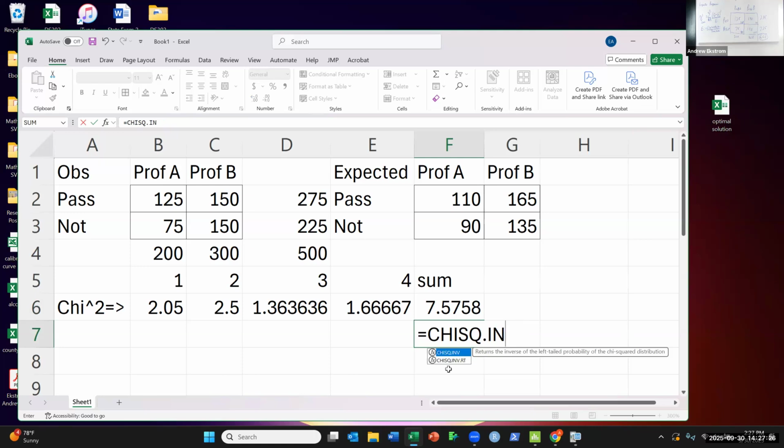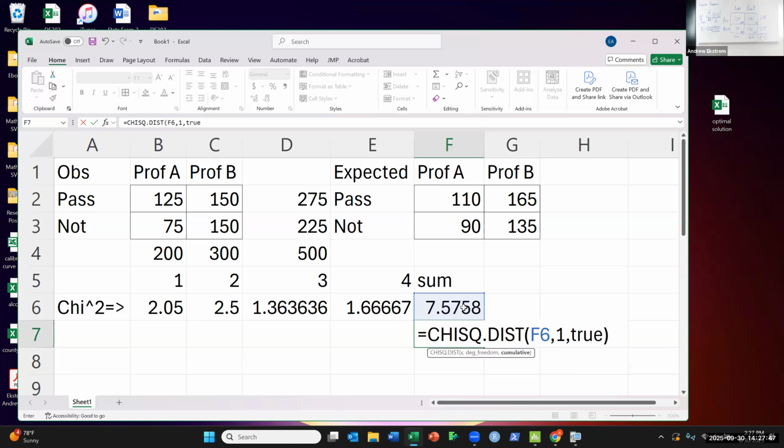All right, we don't want that probability. So chi-squared distribution. Let's see, maybe that value, degrees of freedom, 1, cumulative, true.